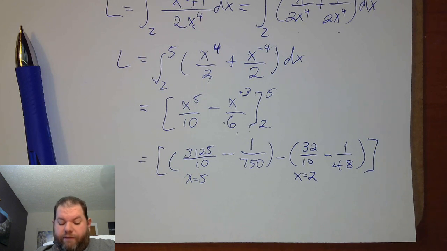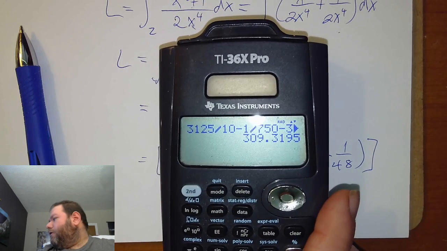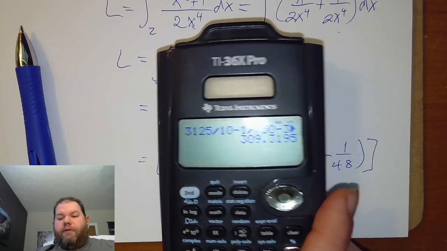So 3125 over 10 minus 1 over 750 minus 32 over 10 and plus 1 over 48. And so that's the number the calculator gives.